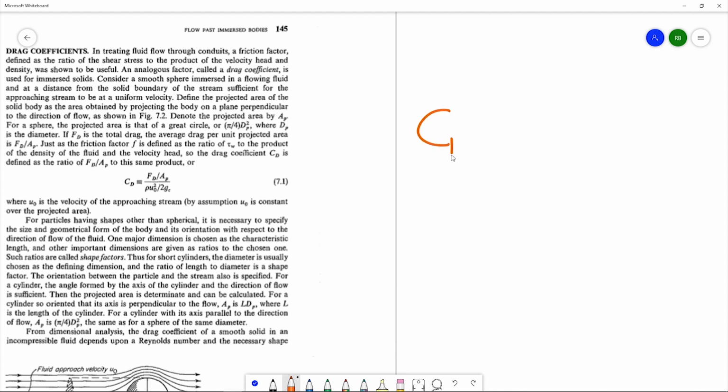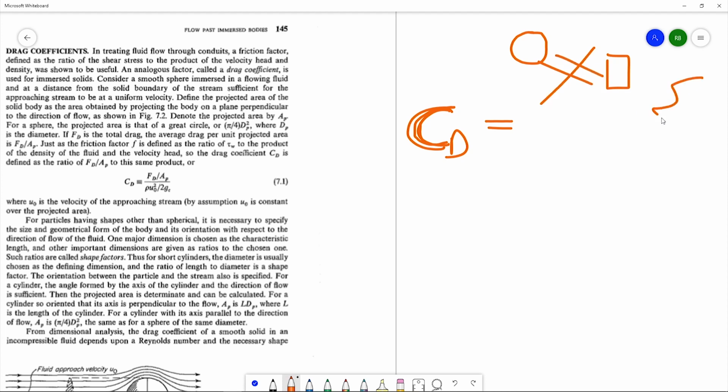Now the drag coefficient. How to calculate this drag coefficient? Generally you don't have a general formula to calculate drag coefficient, but you can calculate it from experiments. If I have a sphere and a cylinder, the drag coefficients will be different, they will not be equal.